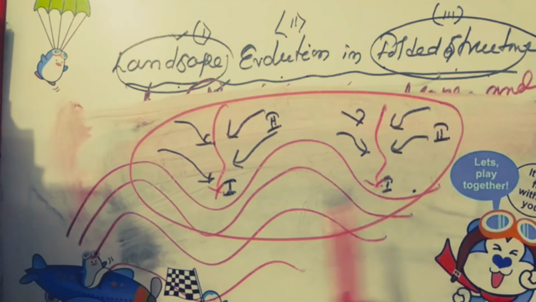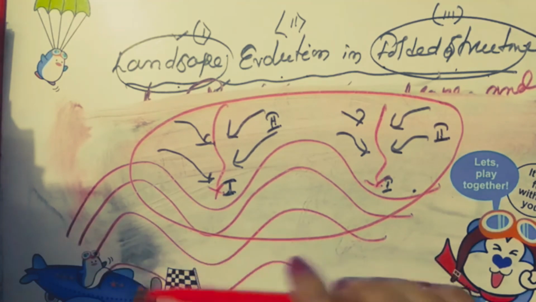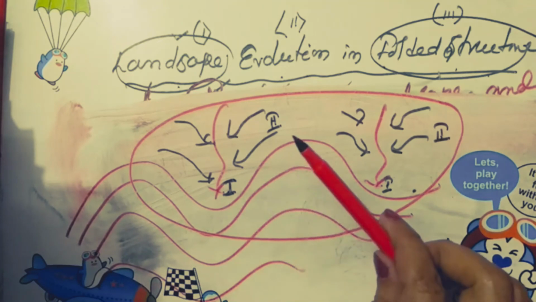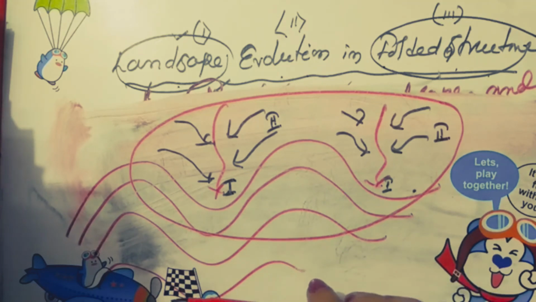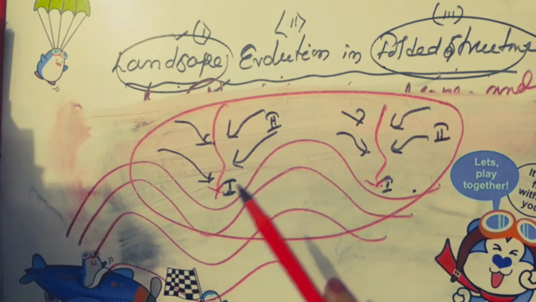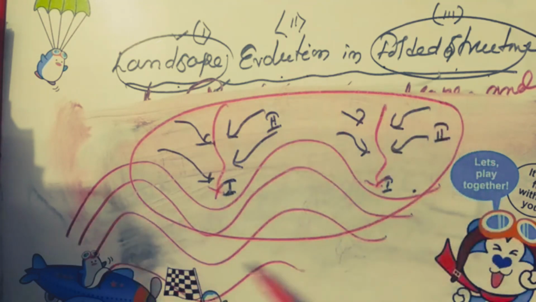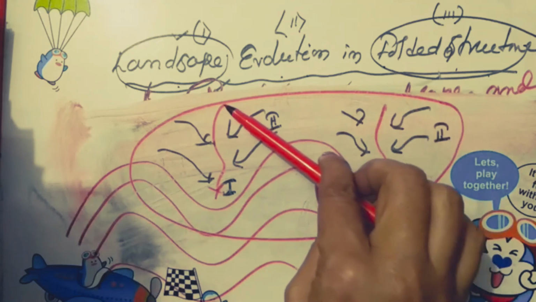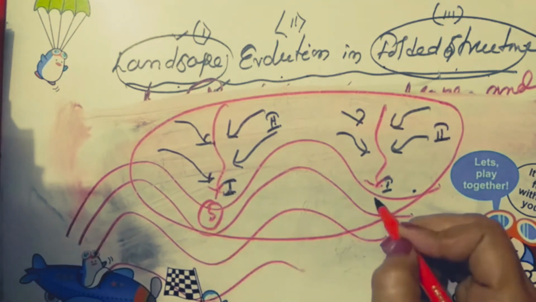The first point was that there is a similarity between the outer surface of the earth, the landscape, and the internal alignment of the anticlinal ridge and synclinal valley within the folded structure. That was the first point. The second point is that a series of river systems developed throughout the whole folded structural zone, and initially the first order stream developed along the synclinal valley.